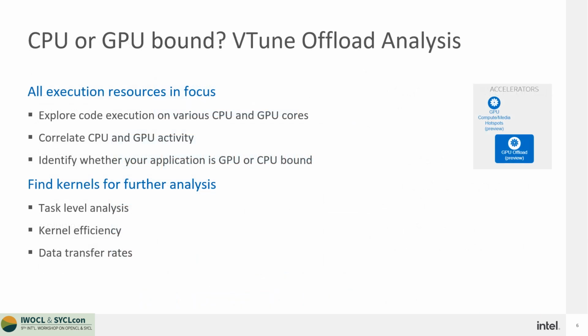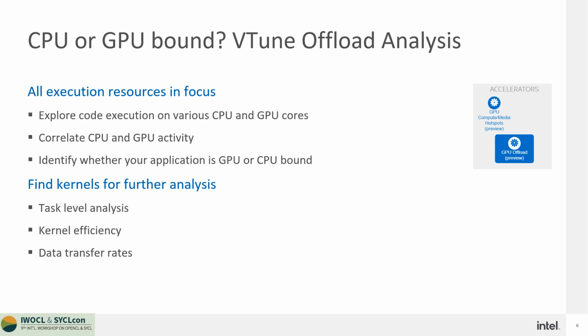Let's start with VTune offload analysis. This is the high-level analysis type, which helps to focus on both CPU and GPU execution, correlate the activity between them, find out what the interaction was between CPUs and GPUs, and identify whether the application was CPU bound or GPU bound.